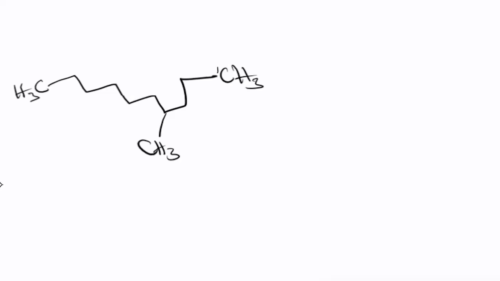I'll have 1, 2, 3, 4, 5, 6, 7, 8, 9, 10. I'll have 10 carbons. So the right way to count is to count from here and not from here, because I want to count in a way I'll have the longest straight chain to have the name.